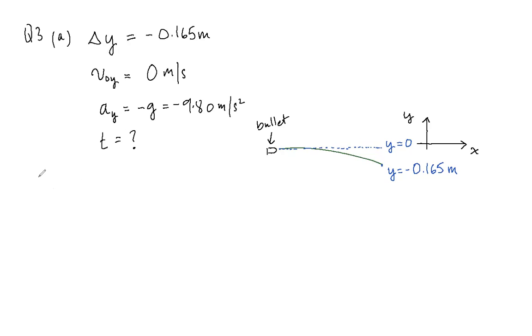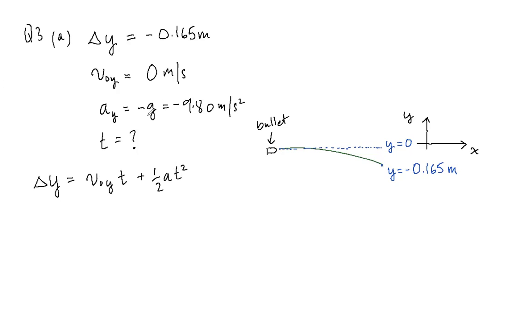So what we have is this guy. It looks like this. Delta y is equal to v initial y times t plus 1/2 a t squared.